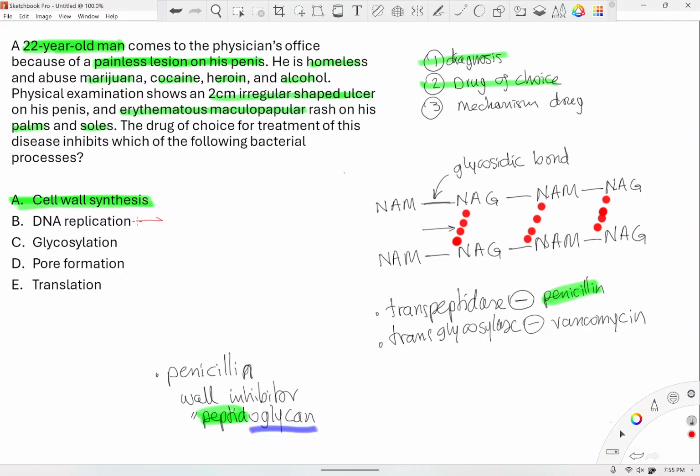DNA replication. What drugs would inhibit DNA replication? Those are fluoroquinolones. An example of that is ciprofloxacin. Inhibition of glycosylation, again, is which one? Vancomycin, right?